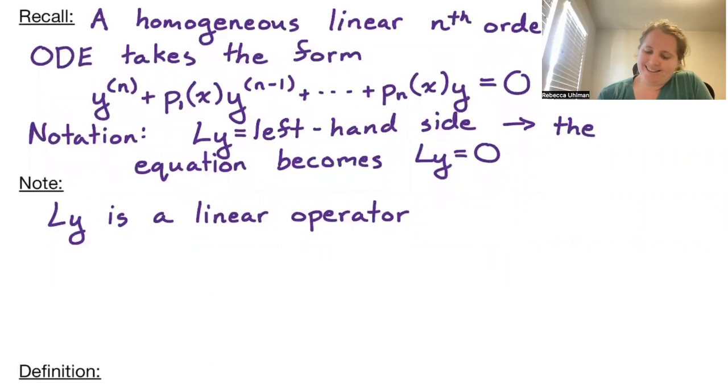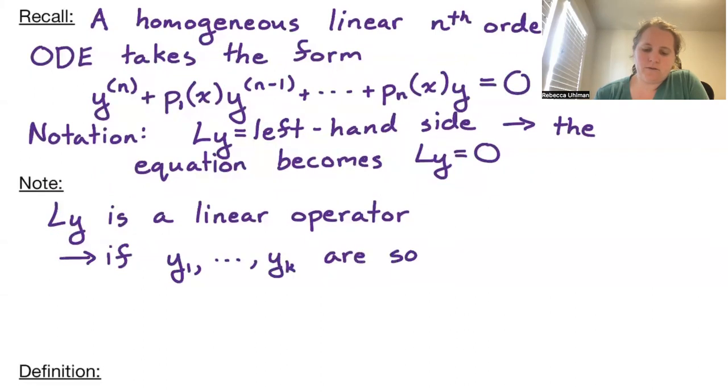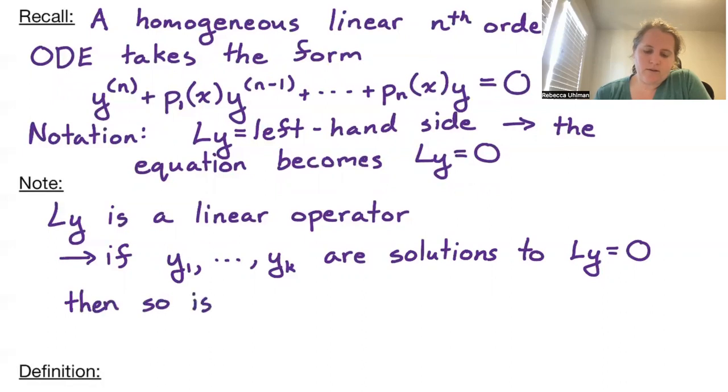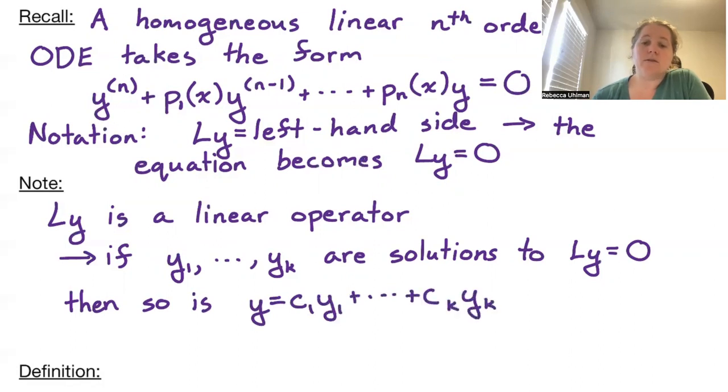We wind up getting that if y1 through yk are solutions to Ly equals 0, then so is any linear combination. So then so is y equals c1 times y1 plus all the way through ck times yk, where c1 through ck are constants.